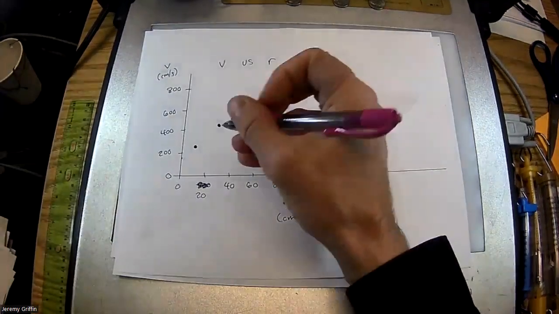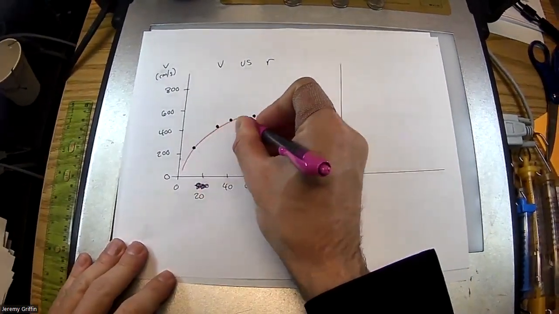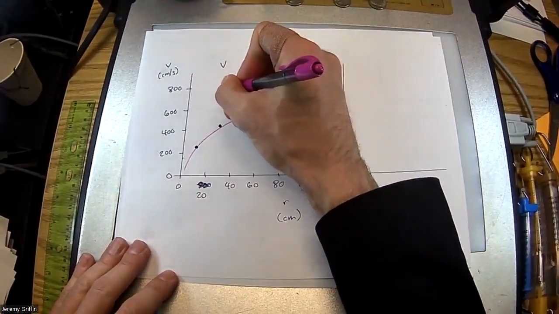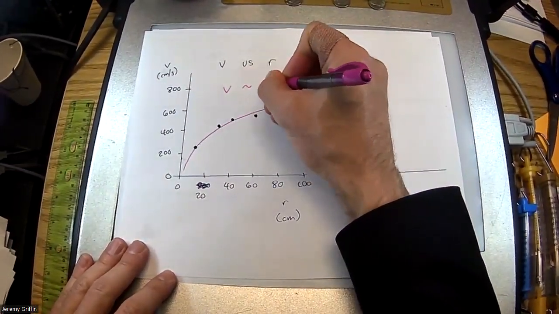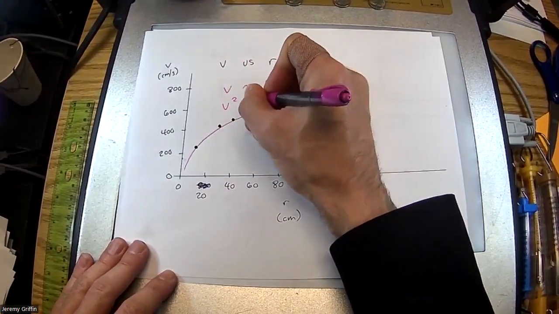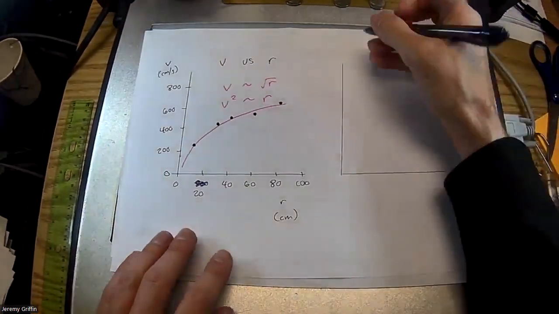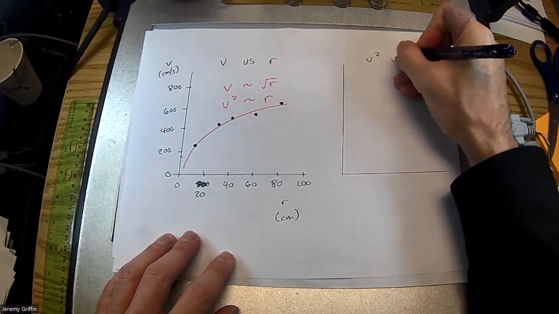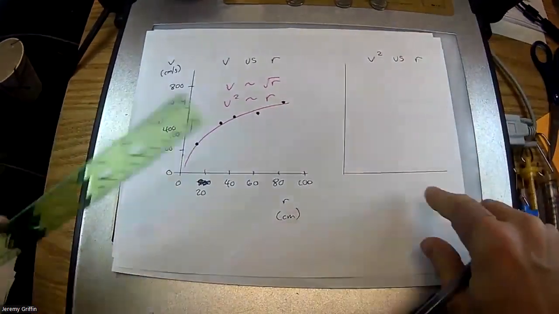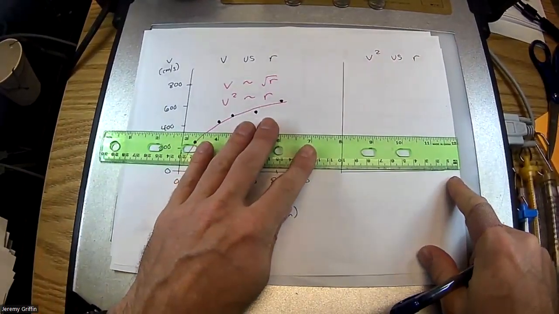All right. Yeah, I'm thinking it's looking like some kind of root relationship. So I'm going to suspect that v is proportional to the root r. And if that's true, then v squared would be proportional to r. Okay. So we're going to see how close this lines up. V squared versus r. So you keep this radial scale the same.